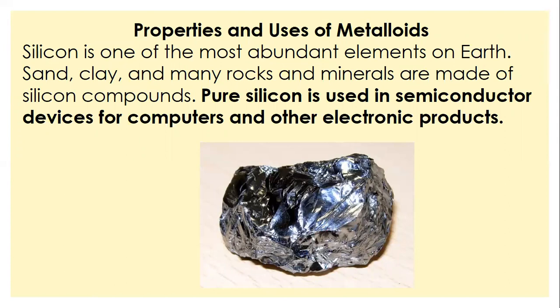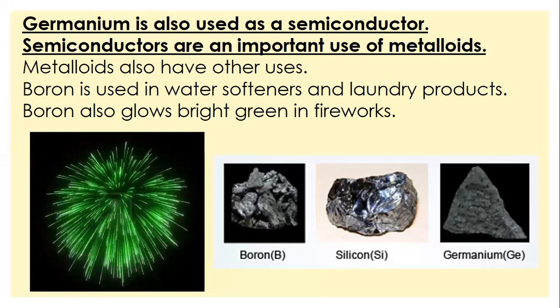Silicon, we said before, is one of the most abundant elements on Earth. It takes part in many compounds. You can find it in sand, clay, and many rocks and minerals. And we extract pure silicon and use it in making electronic devices, computers, and so on.